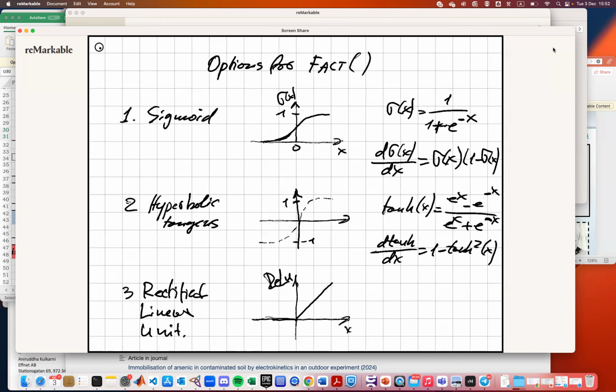So it is computed as, oh, sorry, it's a max of 0 and x.